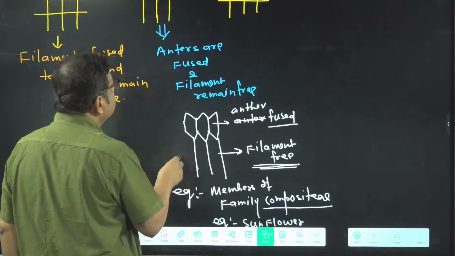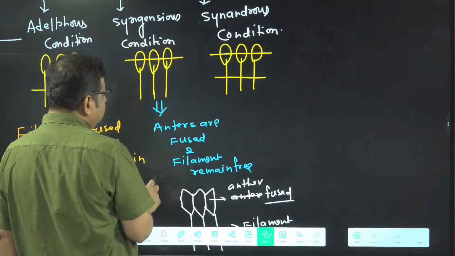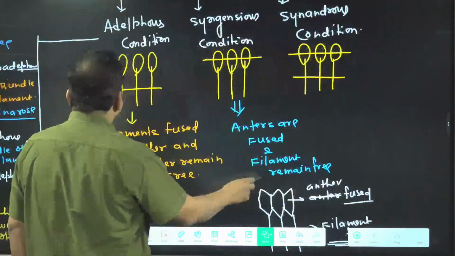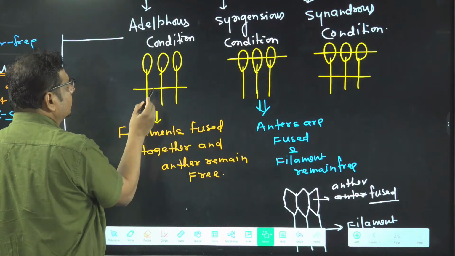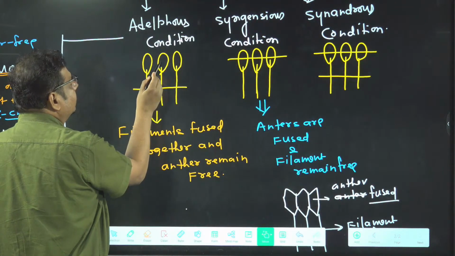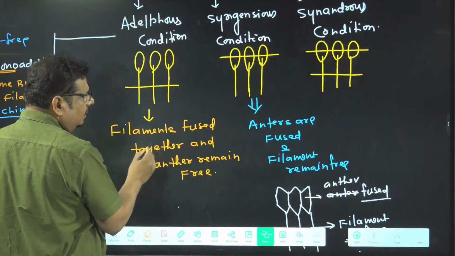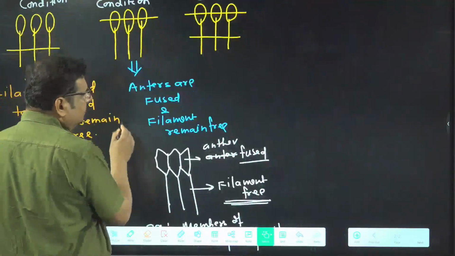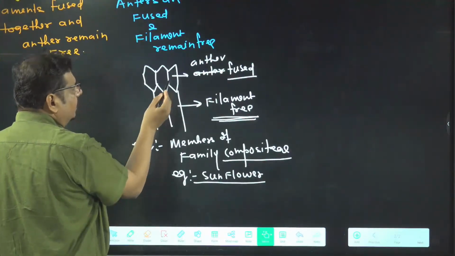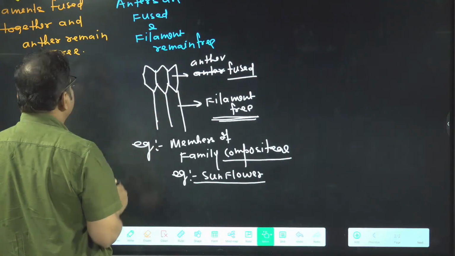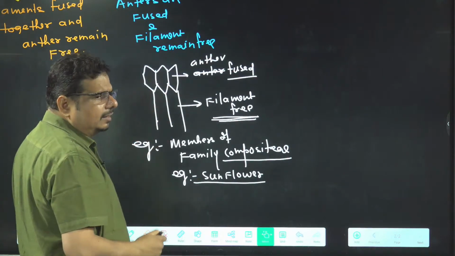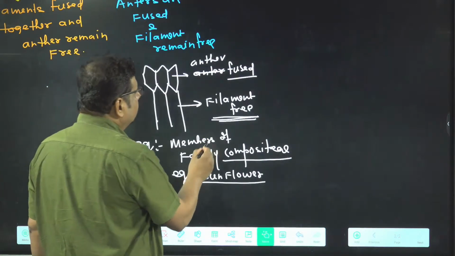Which kind of condition? Syngenesis condition. And just opposite of it, filament is fused, anther free, Adelphous condition. So in syngenesis condition, anther fused, filament free, just opposite to Adelphous condition. So sunflower family. Getting the idea?